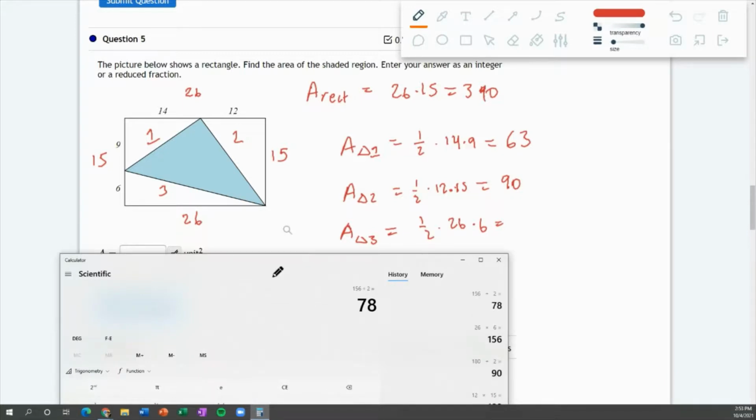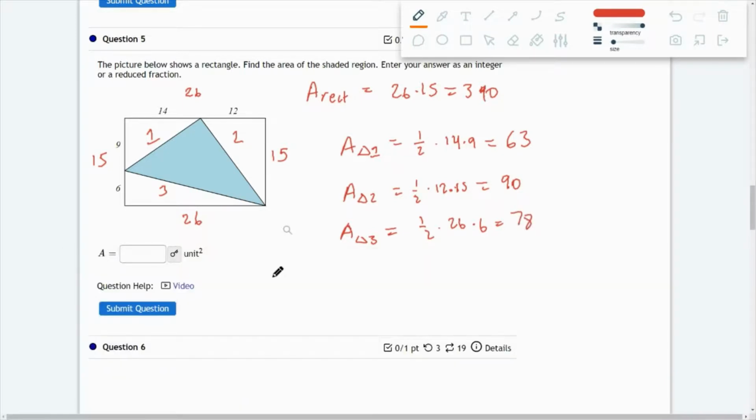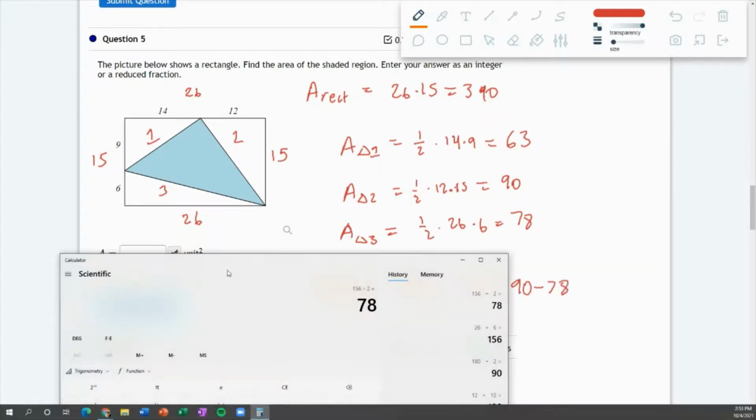I get 78. So I have all three areas of my triangles. To find the shaded region, I need to subtract from the whole 390 each of my individual unshaded triangles: minus 63, minus 90, minus 78.